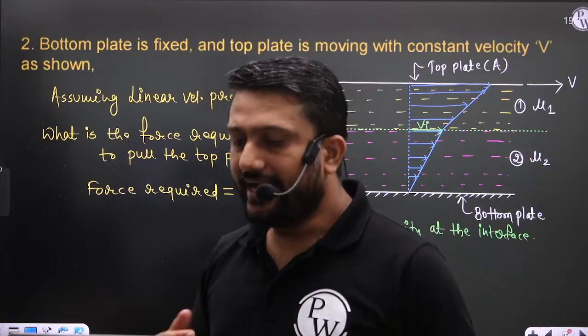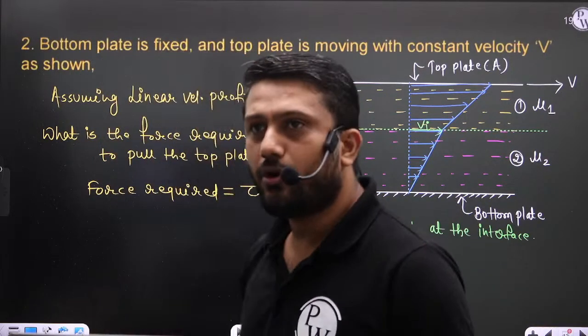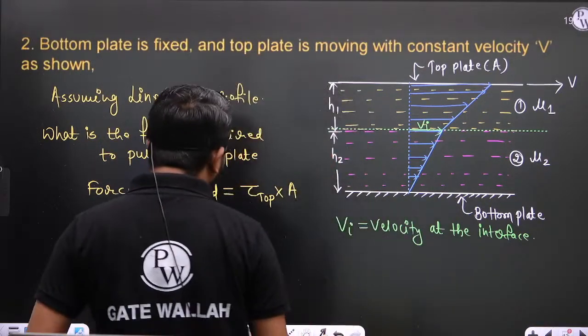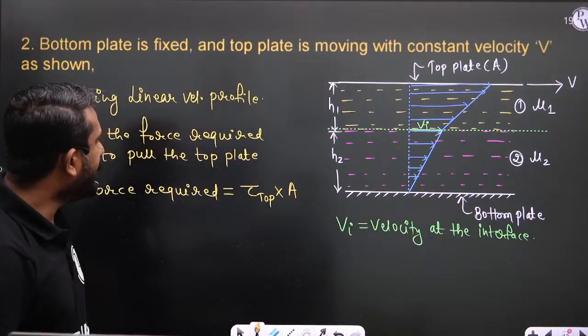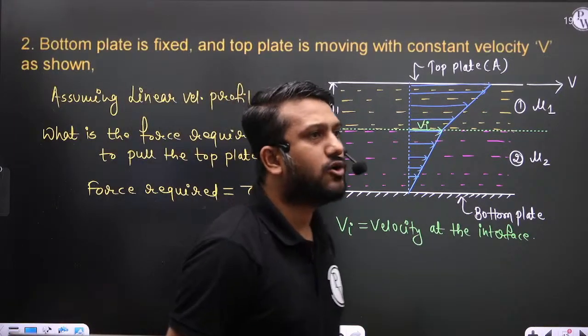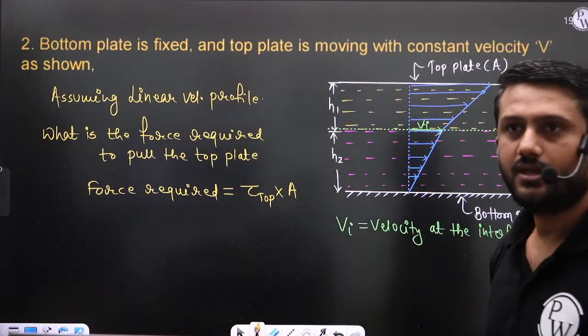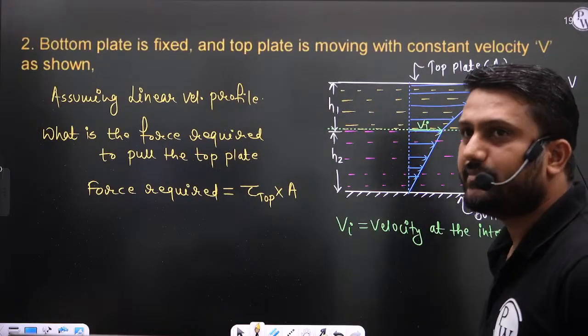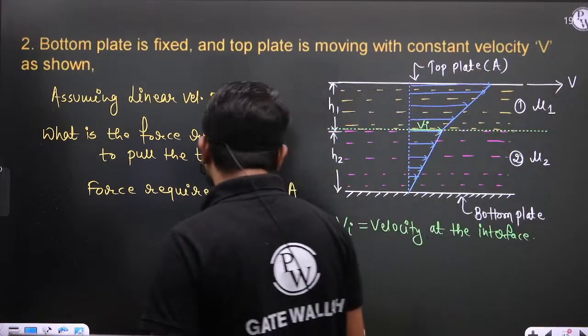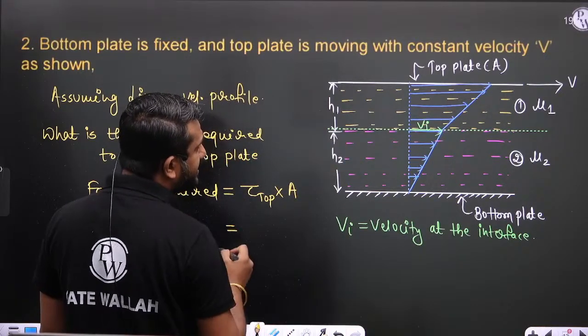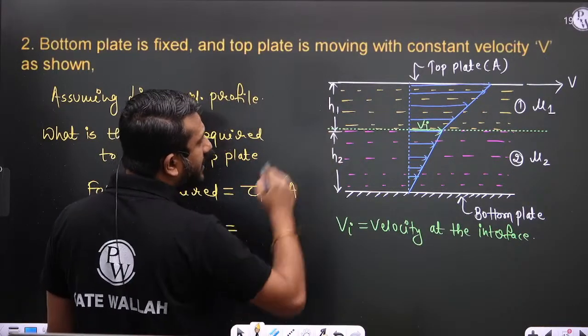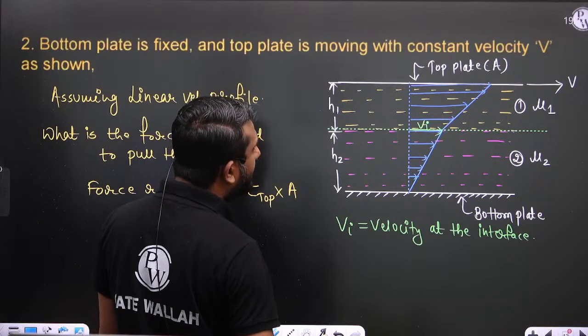Can we write the shear stress experienced by the top plate? What is the shear stress experienced by the top plate? It is simple now. The top plate is in contact with fluid number 1.